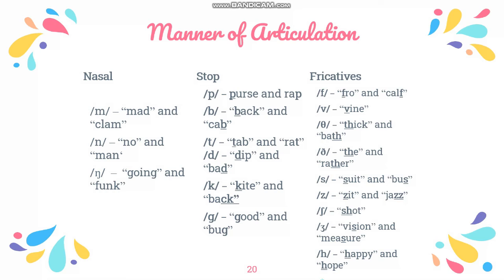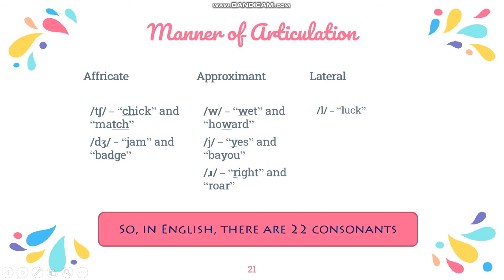Fricatives: F, V, theta, eth, S, Z, sh, zh, H. Affricate: I have explained before how to read the consonants here. Ch and J. Approximant: W, Y, and R. Lateral: L. So in English there are 22 consonants.